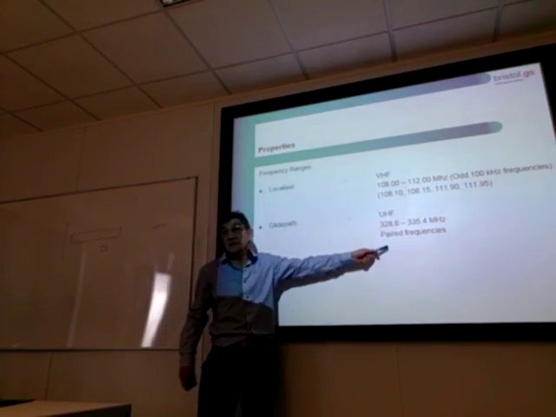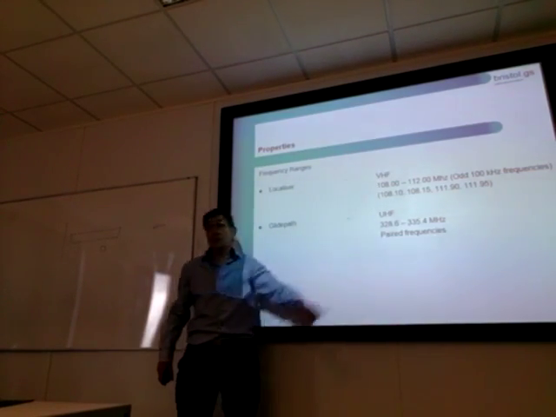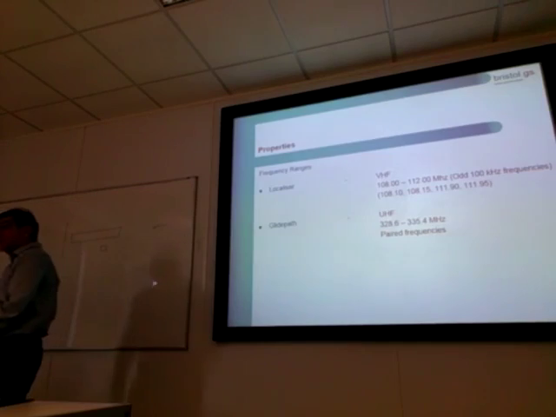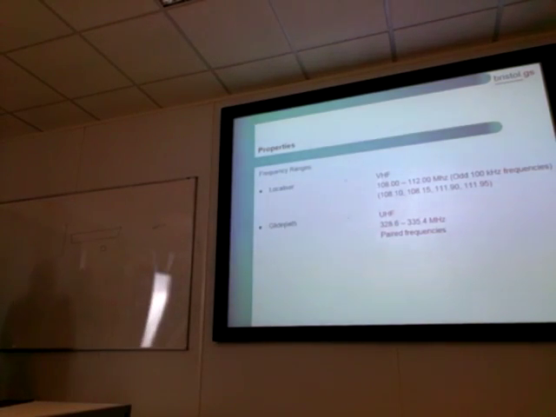You don't know what this is because the frequency you dial up is the 108 to 112. The equipment behind the scenes dials up the UHF frequency. So you never know what they are. They're paired, and they're paired with VORs too, and DMEs.